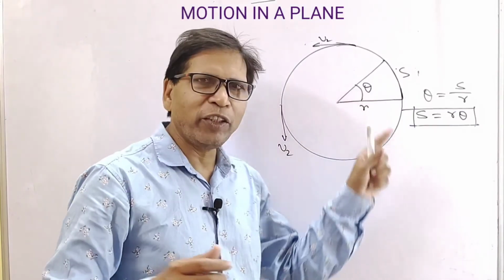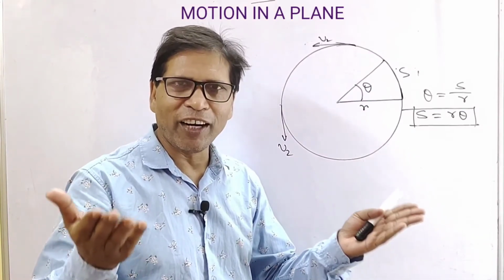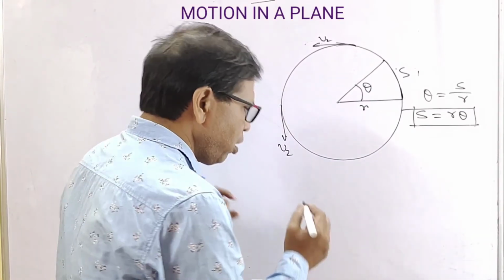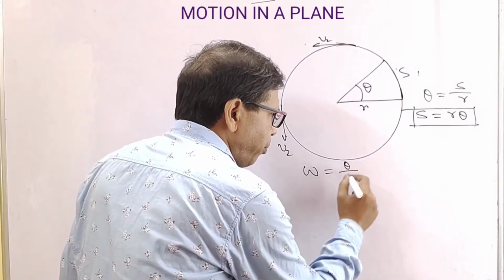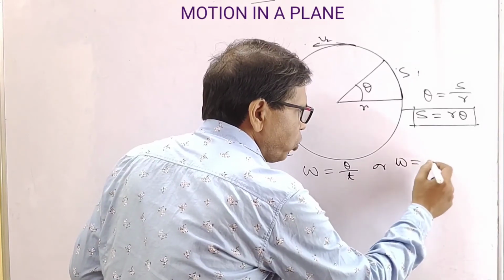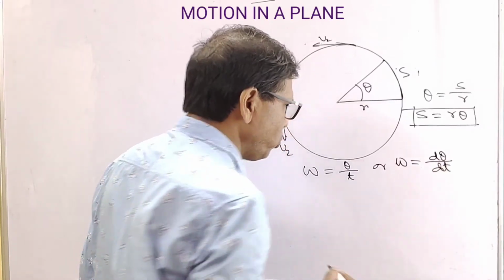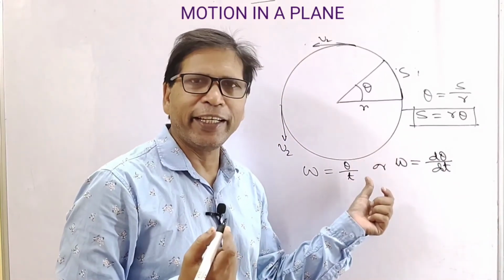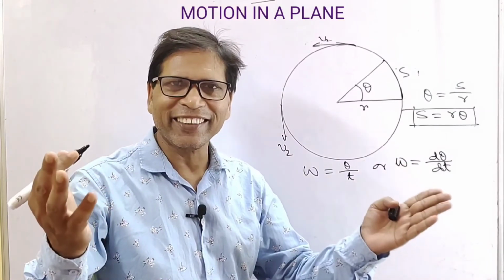The rate of change of angular displacement with respect to time is called angular velocity. The angular velocity omega equals theta by t, or instantaneous angular velocity omega equals d theta by dt. Understood? Its unit is radian per second and dimension T to the power minus 1.